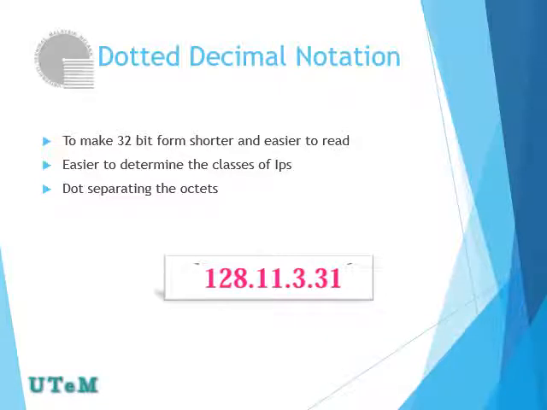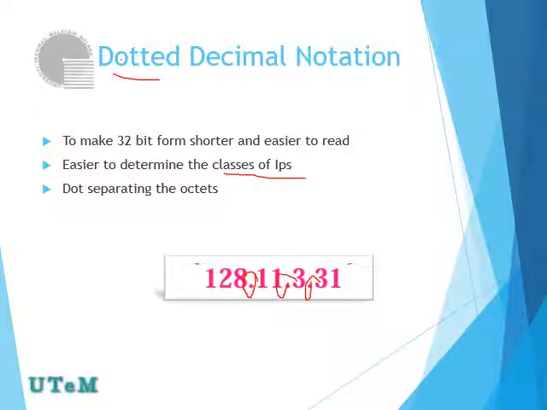To make it easy to read, for simplification, the 32-bit form will be written in dotted decimal notation. Why dotted? Because we separate each decimal number by using a dot. The second reason is to make it easy to determine the class of the IP.